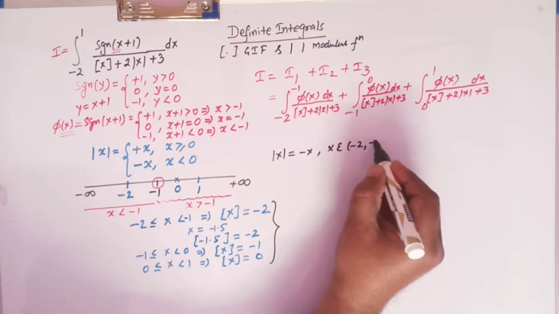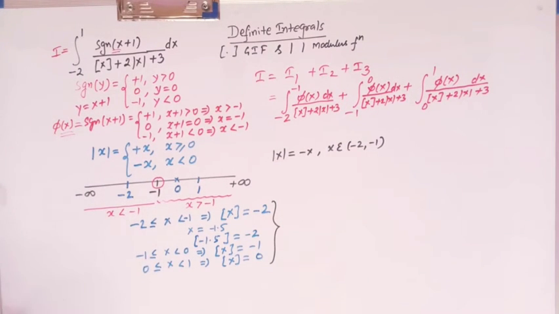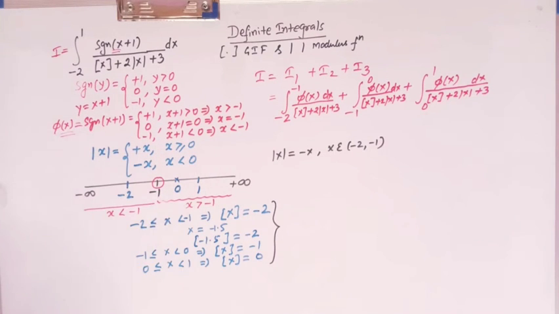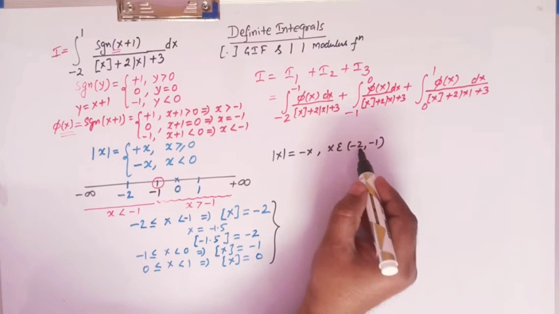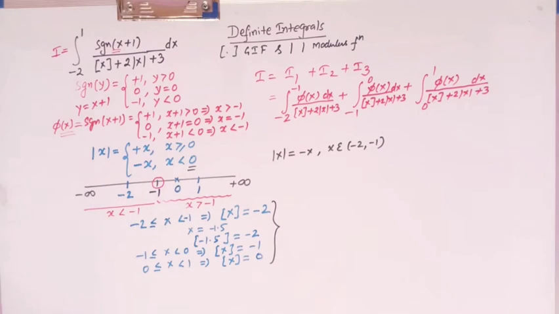This is also due to the definition of the absolute value function, because all the values of x which lie in this interval are less than 0.